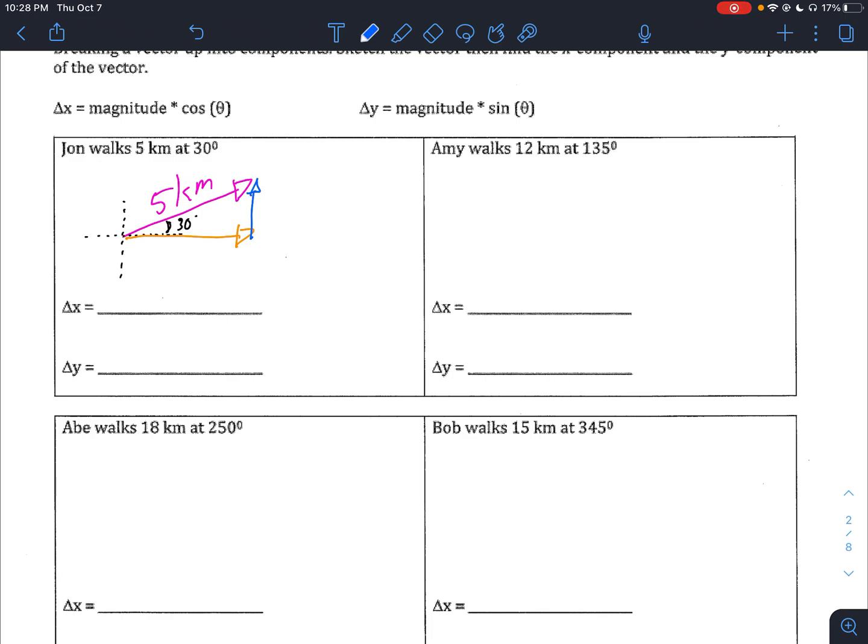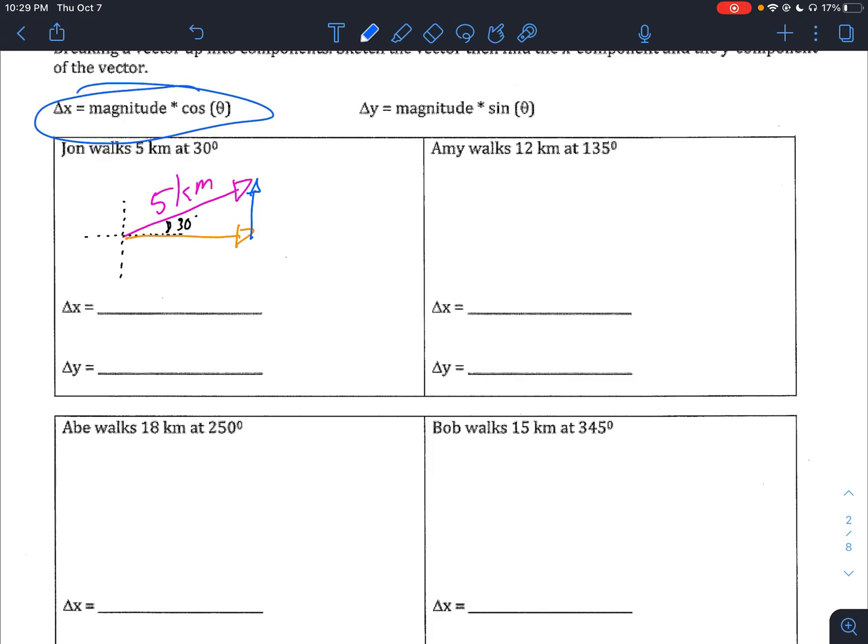This is why we have to break up the angled velocity or angled displacement. So again, just like a flashback to geometry, do what you know. You have a side, you have an angle, find out those two sides.